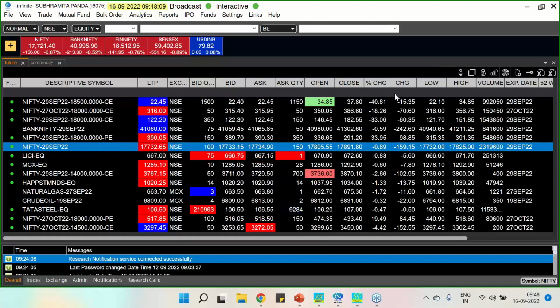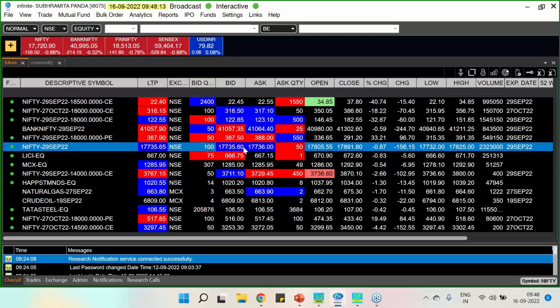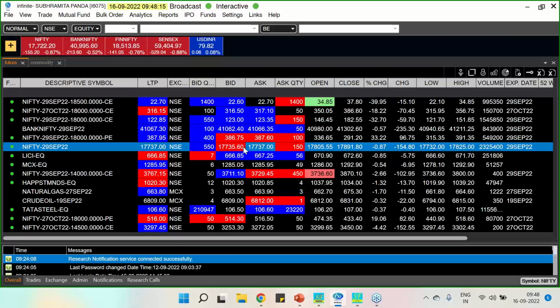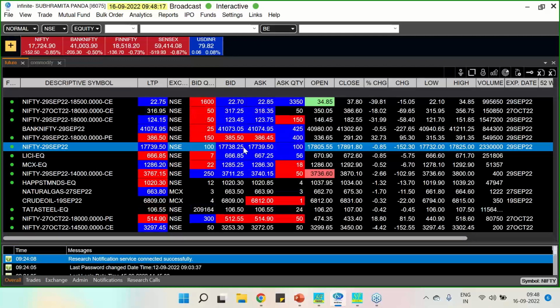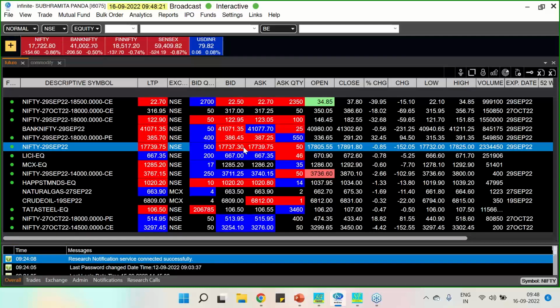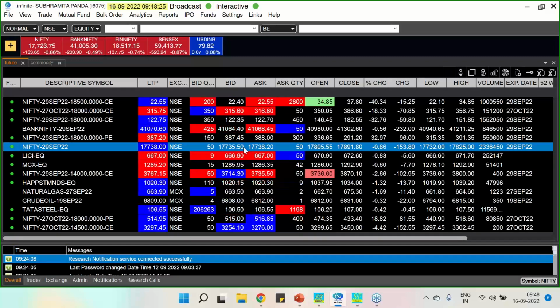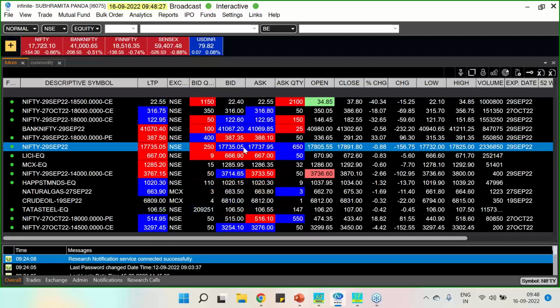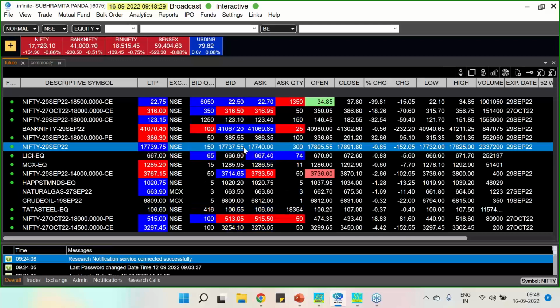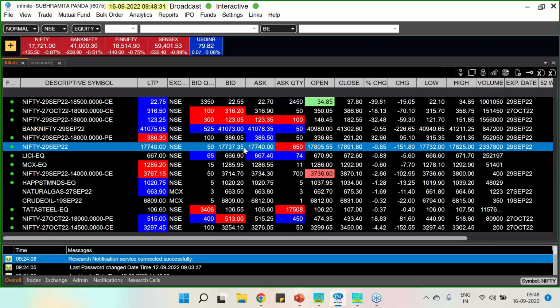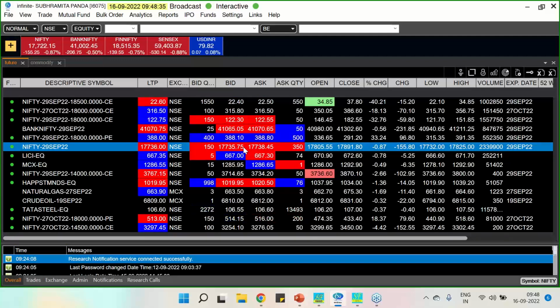Now the first target, 17,740, has come, first target achieved in the Nifty. If you entered the Nifty sell trade at 17,780 along with the hedge, this is the perfect time to book the profit. Or you can trail the stop loss and wait for the second target. But the pair trade is a 10-day position, so you need to wait for that.